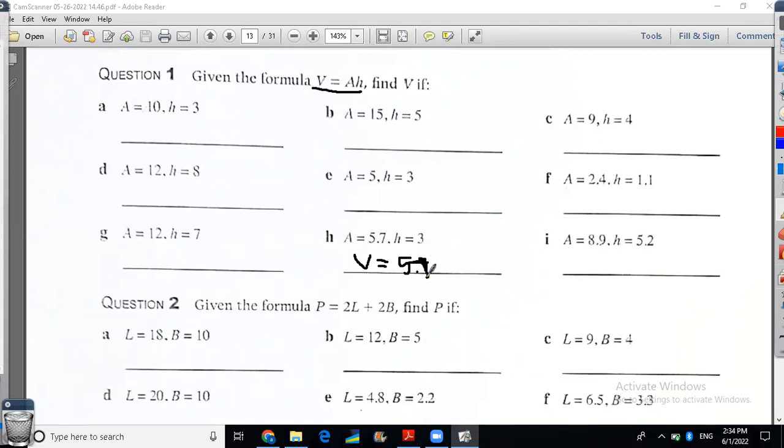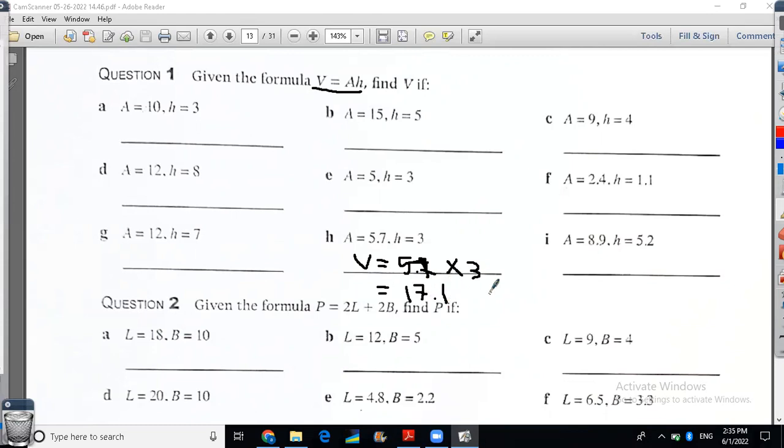Weird handwriting, mister. Oh my God, what is this? So what is V going to be? V is going to be 5.7 times 3, which is going to be 17.1.